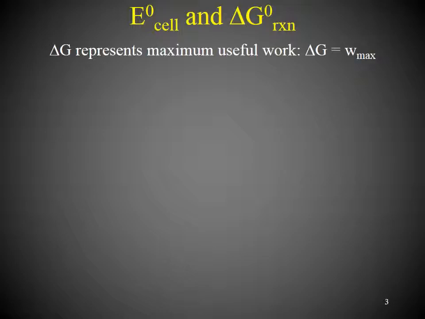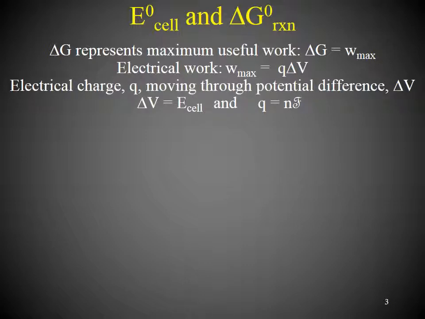We start from our physics definition of delta G being equal to the maximum work possible out of a reaction, and also from the equation that indicates the maximum electrical work that one can derive is equal to Q times delta V. Now, Q in this case is an electrical charge that is moving through a potential difference, delta V. So V stands for voltage.